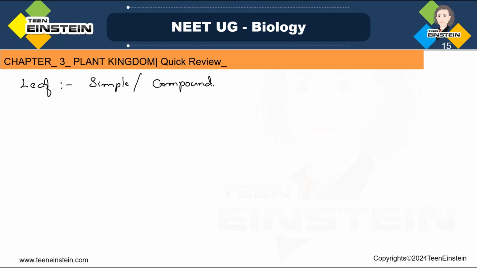And in Cycas you can see pinnate leaves. These pinnate leaves in Cycas persist for a few years. They won't dry very easily. They will be there for a few years in Cycas.